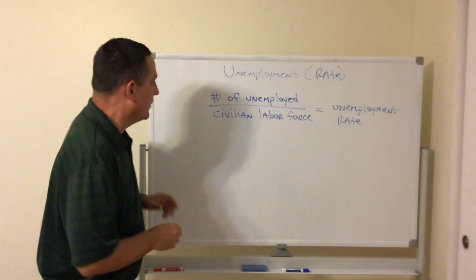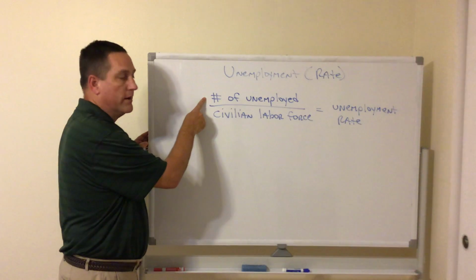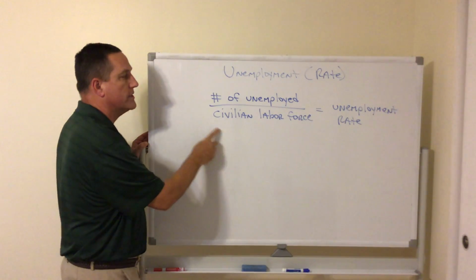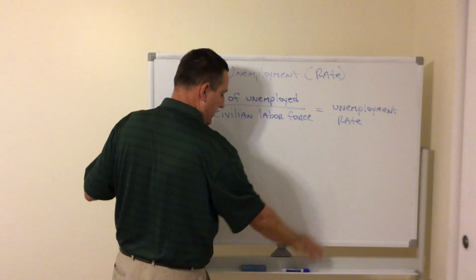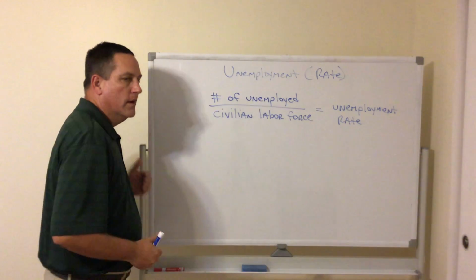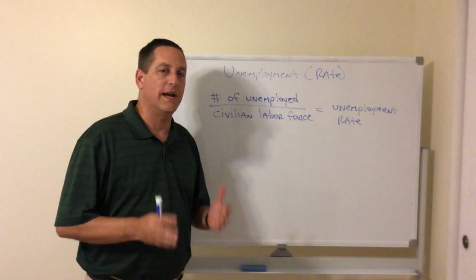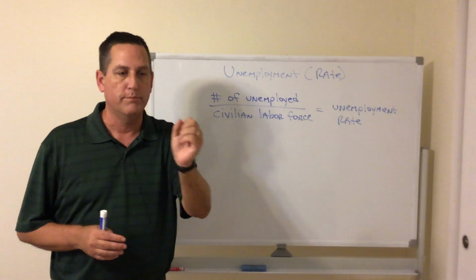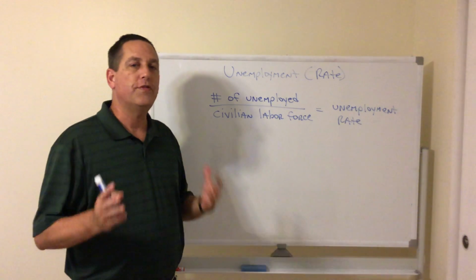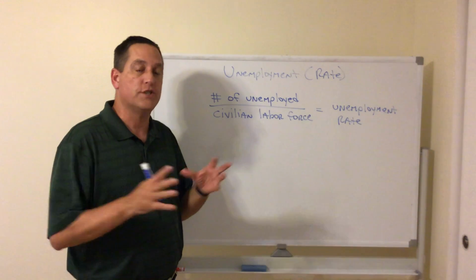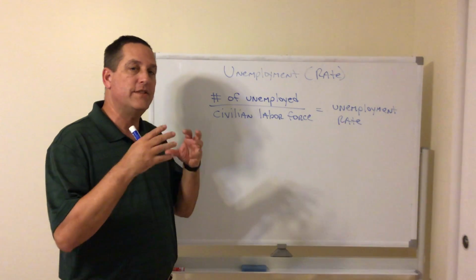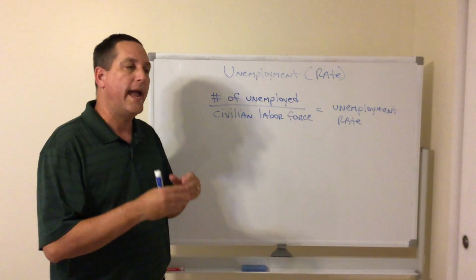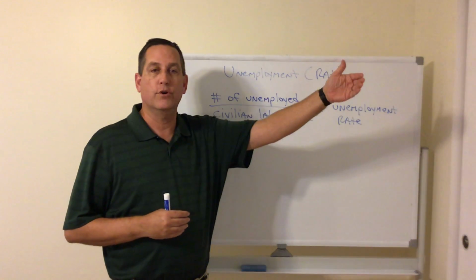So we're going to take the number of unemployed Americans divided by the civilian labor force, and that will calculate the unemployment rate. Well, it would be impossible for the government to ask every person, are you unemployed? So what they do is they take a small sample, and they take the data from the small group and project it out on the entire group.